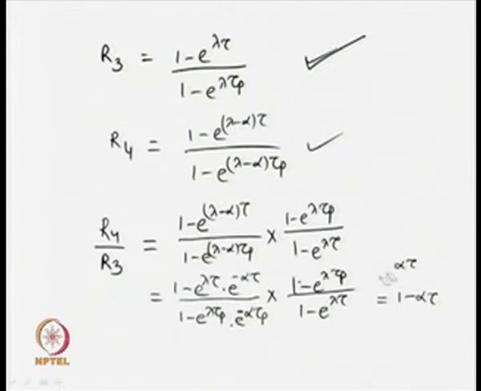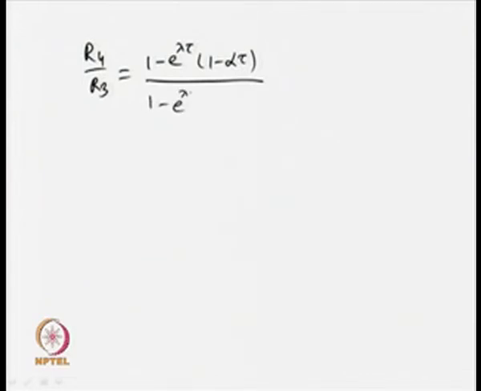So, using that I can write the numerator as 1 minus e to the power lambda tau plus... or let me rewrite this in detail, so that we will not skip any in-between expression.